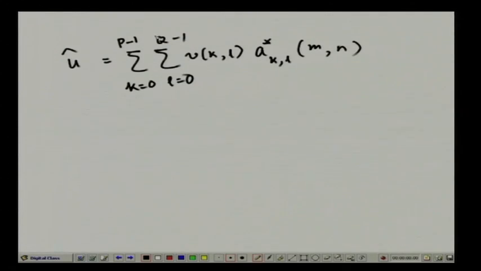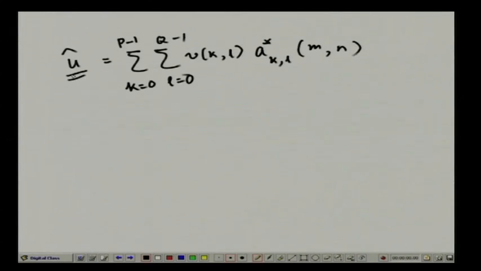So, the number of coefficients that I am considering for reconstructing the image, or for inverse transformation, is p into q instead of N square. Using this p into q number of coefficients, I get the reconstructed image u hat.